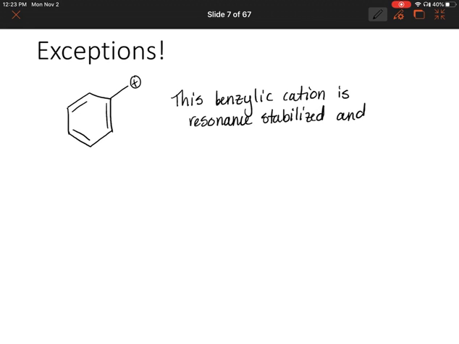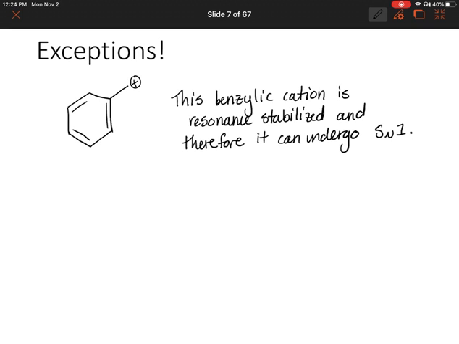And therefore, it can undergo SN1. So again, remember if something is resonance stabilized, that's more stable than hyperconjugation. So even though this looks like a primary carbocation, because it's attached to that benzene ring, it can resonance stabilize. So it's actually a really stable intermediate.